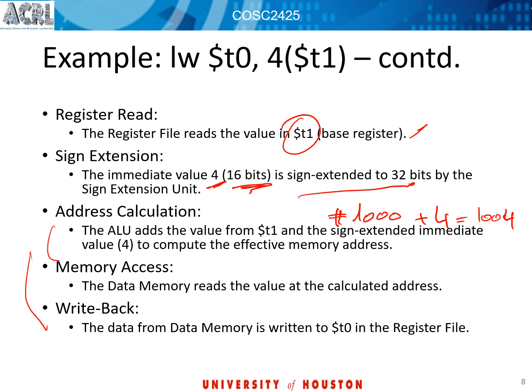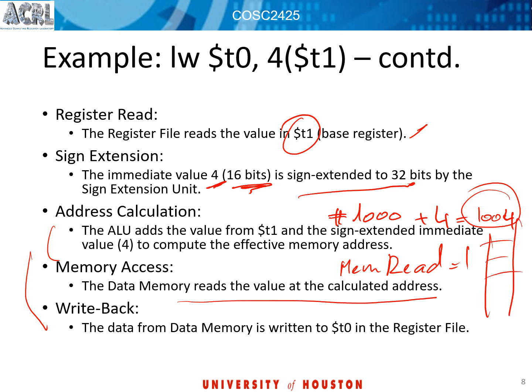For the memory access, since memread is set to 1, we have a reading operation, and so we read from memory at the new address. So this is the memory, and since it is set to read, we just go to whatever address we want, we return the value at that address, and this is what's going to be written back.